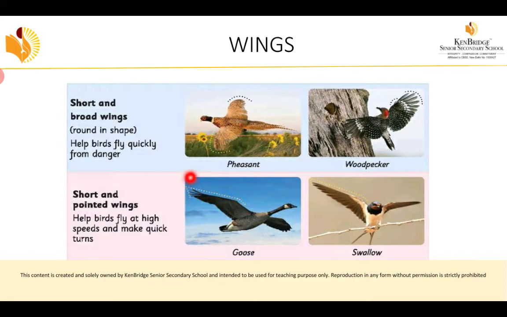Examples are swan and goose. It helps birds to fly at high speed. Broad wings help to fly quickly, and the short and pointed wings give high speed.